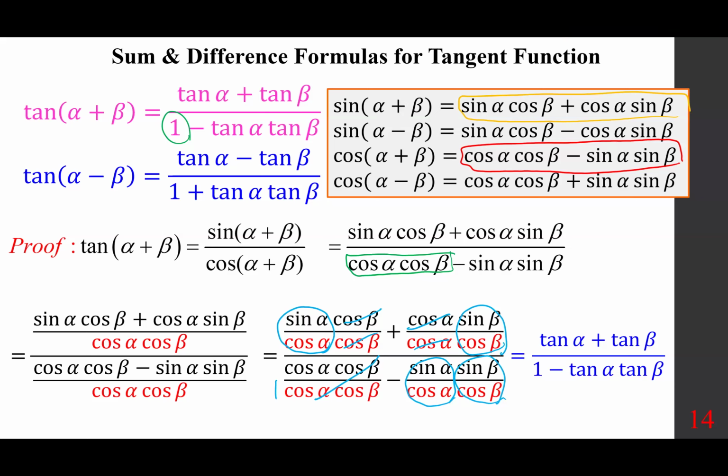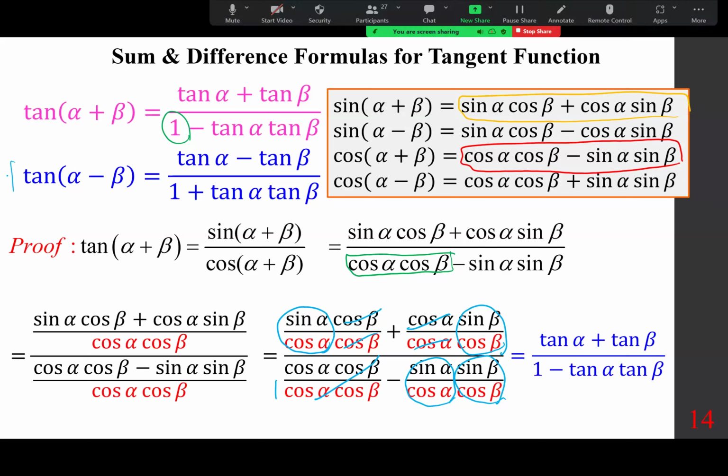Now, just the way we did it for sine of alpha minus beta or cosine of alpha plus beta, that we replace the beta with minus. I'm going to leave it for you to show that this one works. All you have to do into this formula, replace the beta with minus beta.